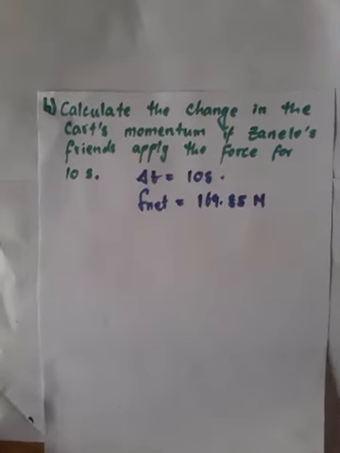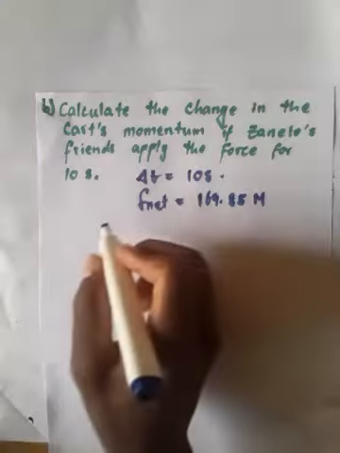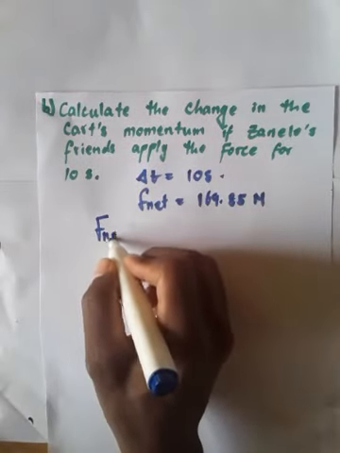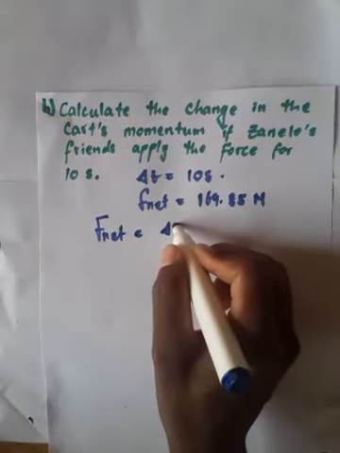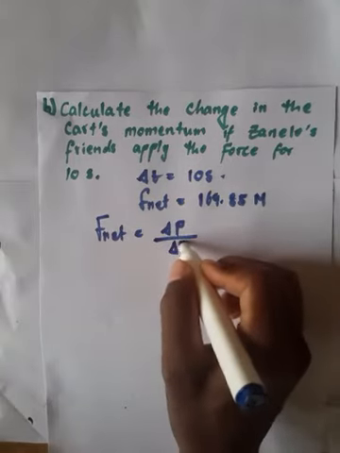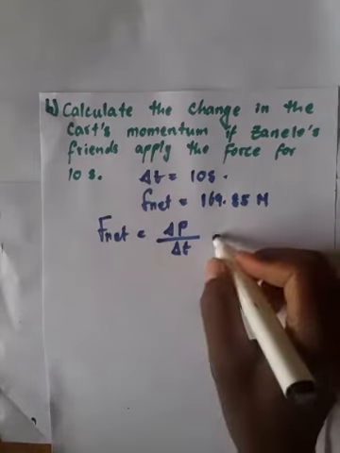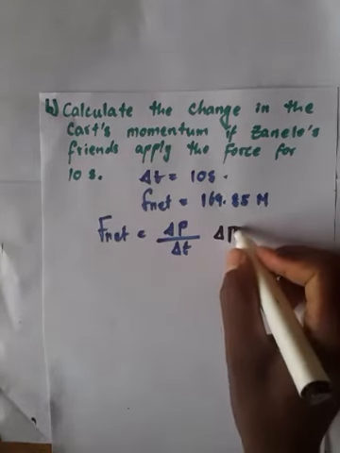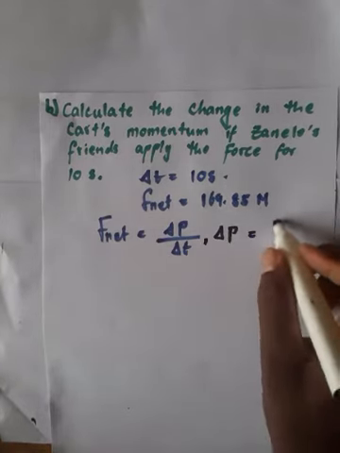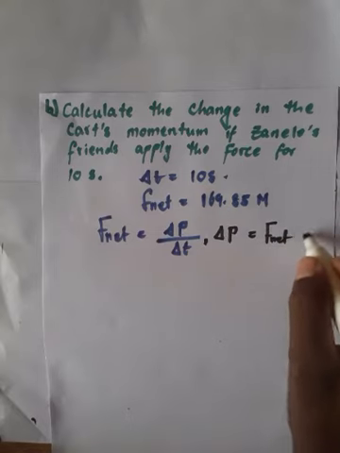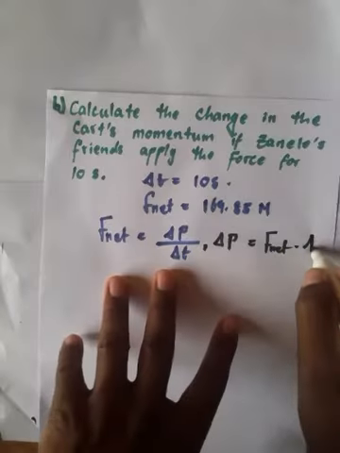So we can calculate the change in momentum. Remember that the F net is equal to the change in momentum divided by the change in time. So the change in momentum P is given by F net multiplied by change in time.